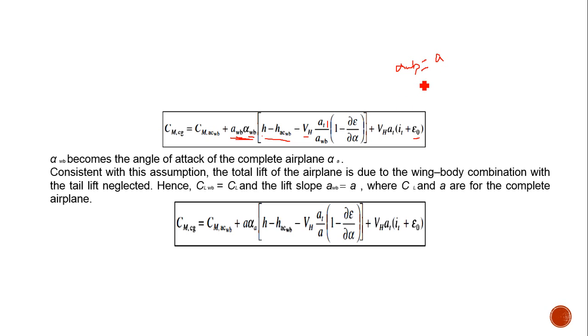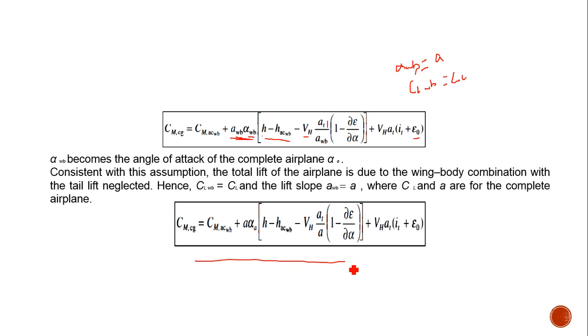plane, and also CLWB is equal to CL for the complete airplane. Therefore the equation is reduced to CM ACWB plus A into alpha A into H minus HACWB minus VH into AT divided by A, 1 minus dou epsilon divided by dou alpha, plus VH AT into 1 minus epsilon naught.